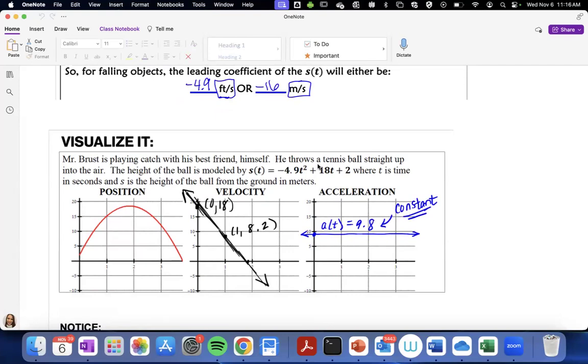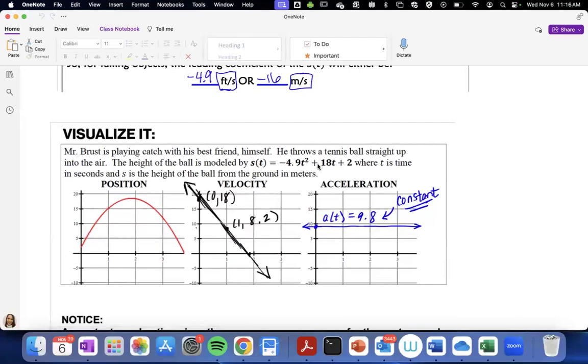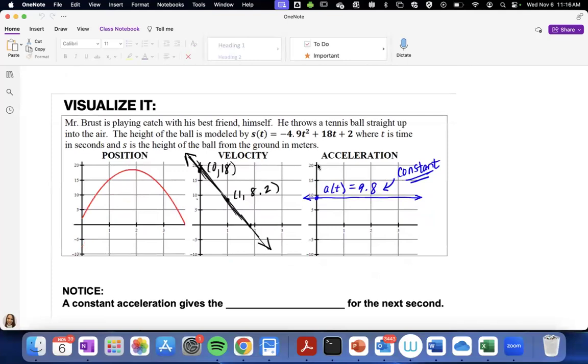I want you to notice something. Because acceleration is constant, a constant acceleration gives the velocity for the next second. Okay. So if you know your acceleration is 9.8 meters per second squared, our units here are meters per second squared, meters per second, and meters.